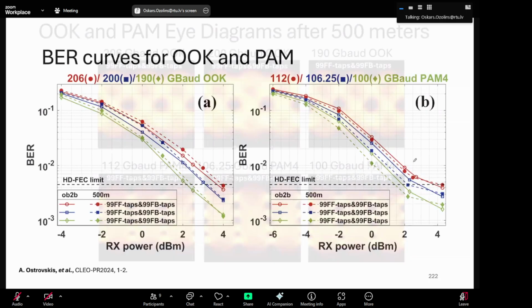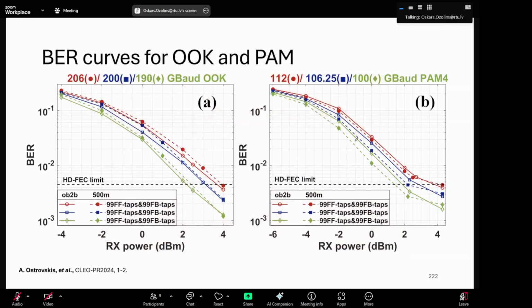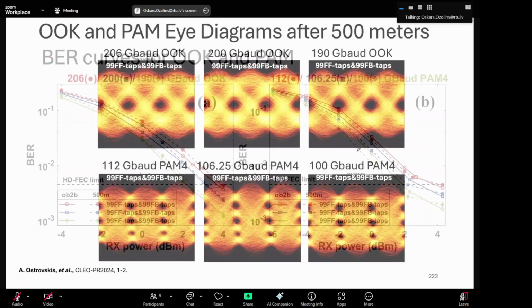That's why when you look at the bit rate, of course, it's not the same symbol rate, so it's very difficult to compare. But the bit rate is similar. So for PAM4, maybe it's difficult to say which one is better in this system. It depends on where this modulator would be used.